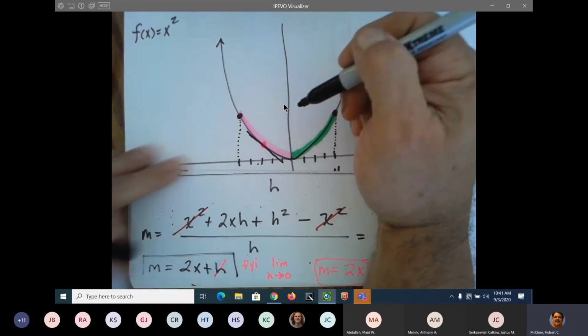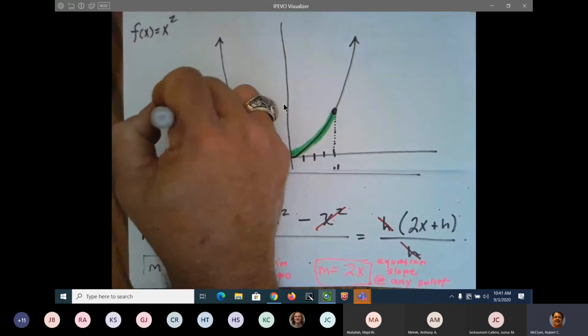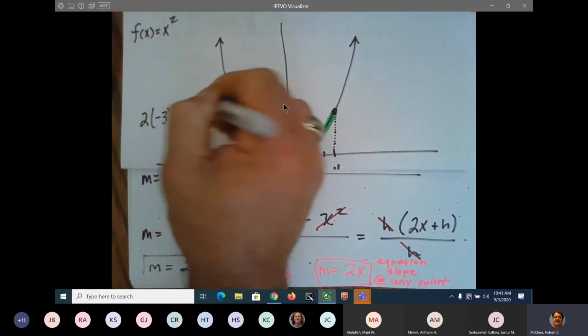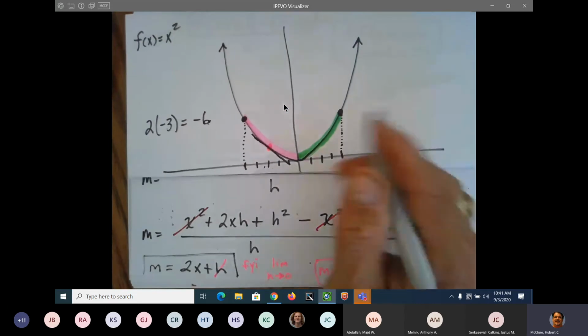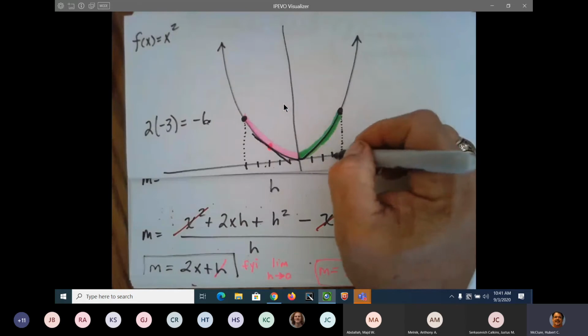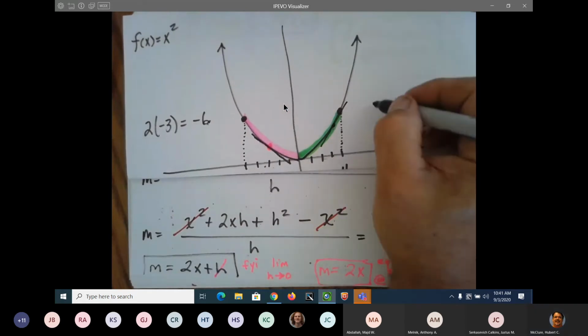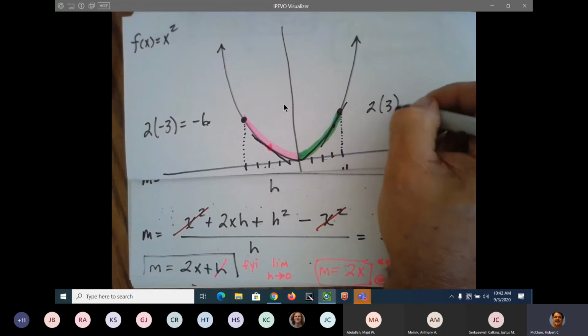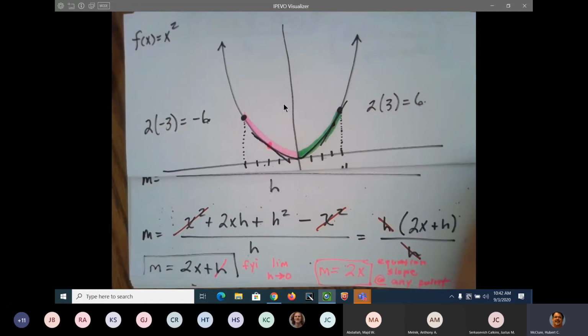Well, 2 times -3 is what? -6 is the slope of that black line. What about at +3? 2 times 3 is +6, and 6 is the slope of that line. That's where you're heading with this.